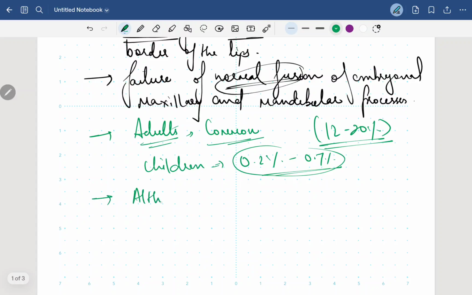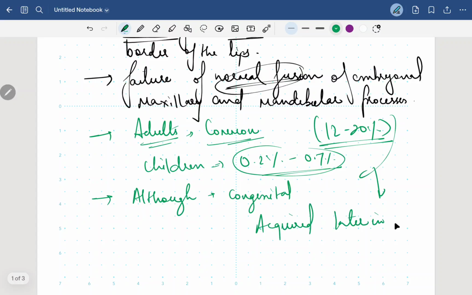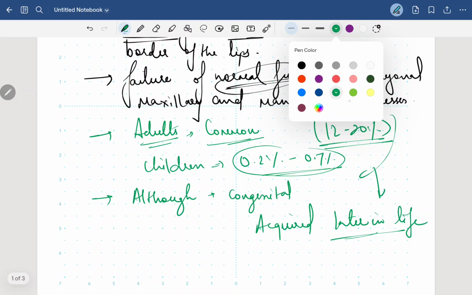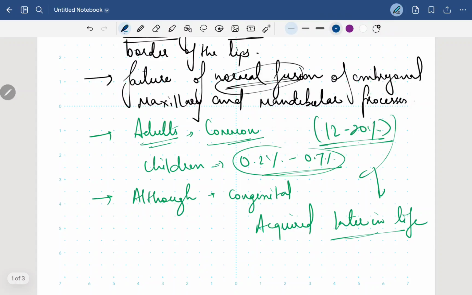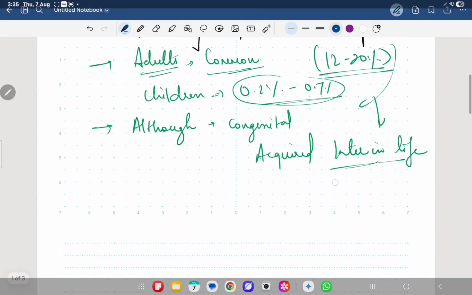If it were congenital, it should be more common in children. But it occurs more in adults, so it might be that we acquire them later in life.